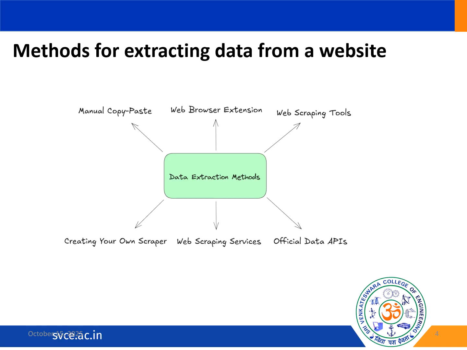So next we'll move on to web scraping services. This type of service is used to extract data from a website. These services handle the technical aspects of web scraping, and also provide you with the data in your desired output format.